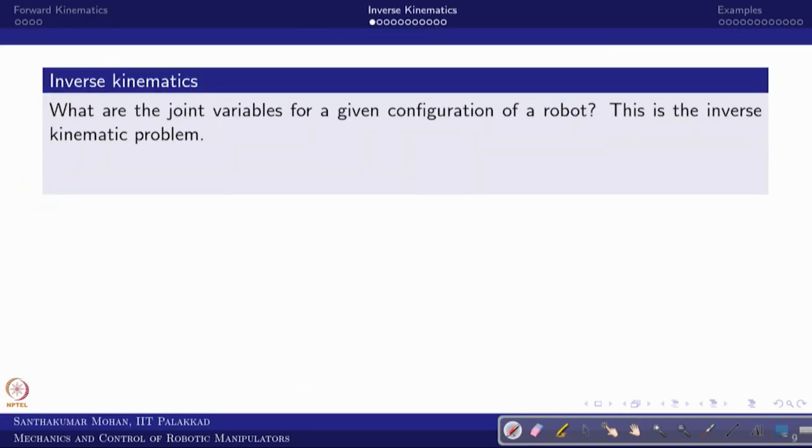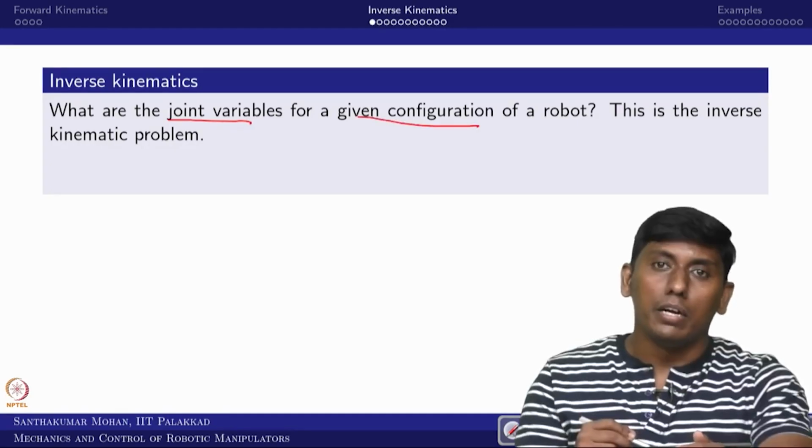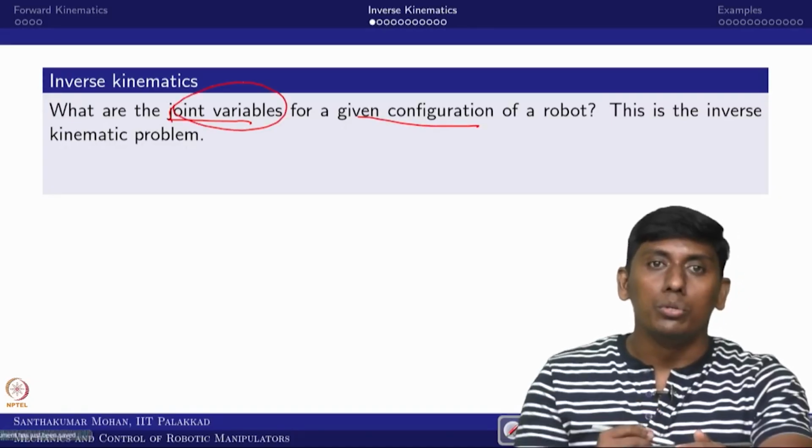So, now I will attempt to explain what inverse kinematics is. Inverse kinematics is nothing but finding the joint variables to meet a given end effector. What that means is, for a given configuration of the robot, what joint variables do I need to give.